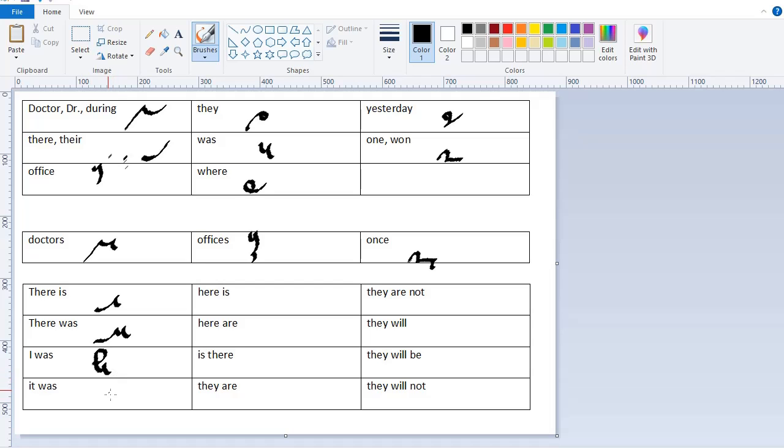Next, we have it was. So we have it, which is represented by your slanting line na maliit, your T stroke, and then we have was, upward hook, and your letter S. Okay, so that is how you do I was and it was.